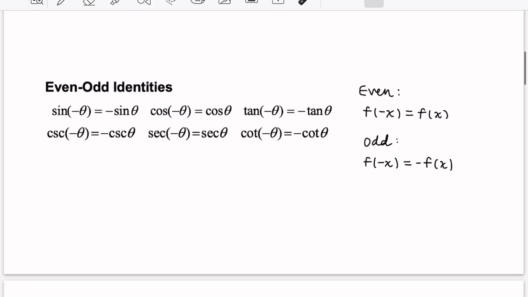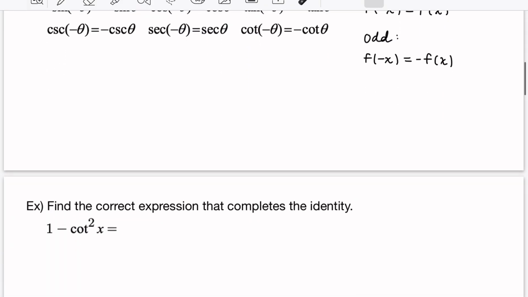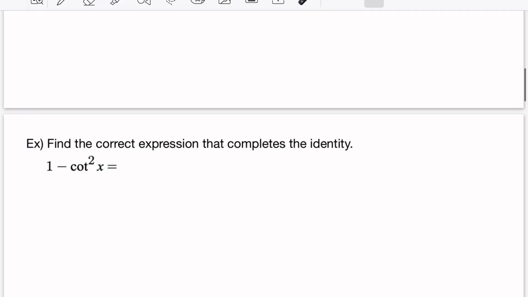Now let's look at an example. We want to find the correct expression that completes the identity here. So we have 1 minus cotangent squared x is equal to something. Now what we'll do here is we'll use one of our Pythagorean identities. It says that sine squared x plus cosine squared x is going to be equal to 1.